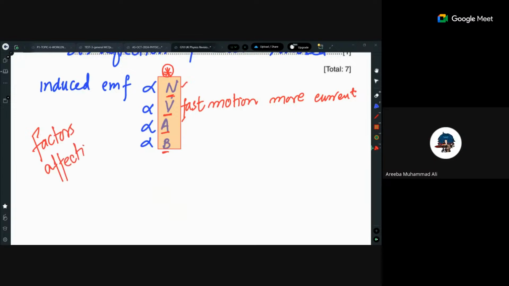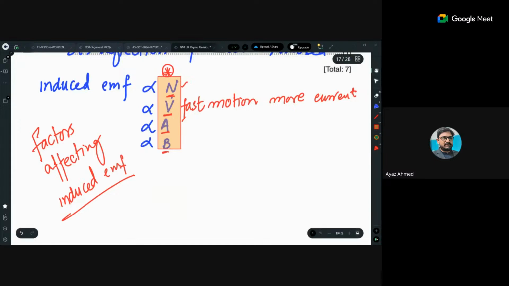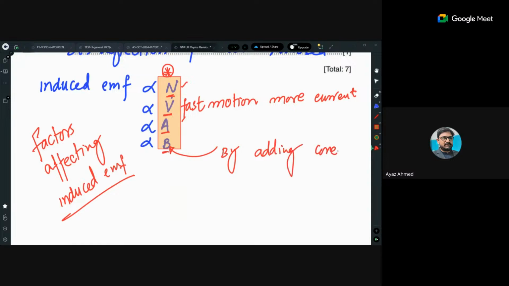B is increased by adding a core into the coil. When you add a core into the coil, you are increasing the magnetic field strength.